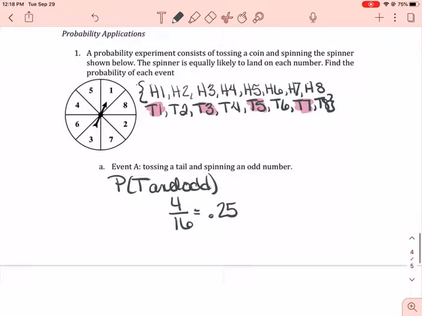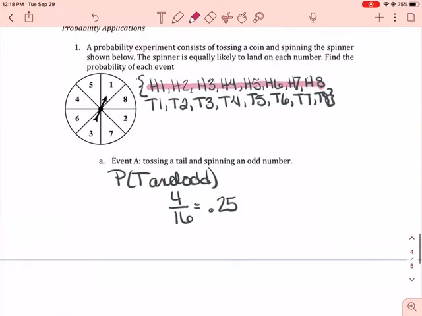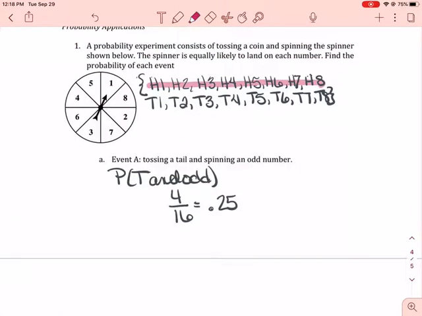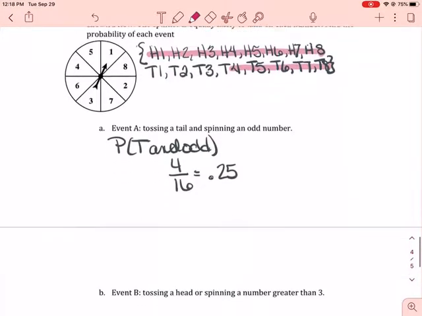Okay, event B is tossing a head or spinning a number greater than 3. Okay, so let me get rid of these guys. So we want a head. That's all of them. And greater than 3. Well, I already have some greater than 3s with the head, so I don't want to add those in there. I would count them twice. Is it greater than 3? So we're not including 3, so that's these guys.